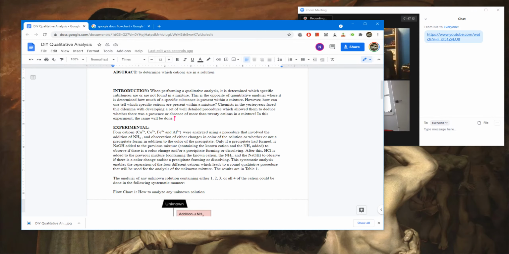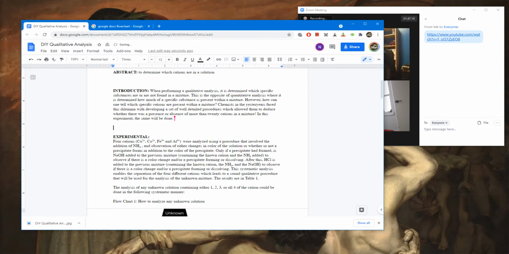Basically, first, observations are made using solutions of known cations.